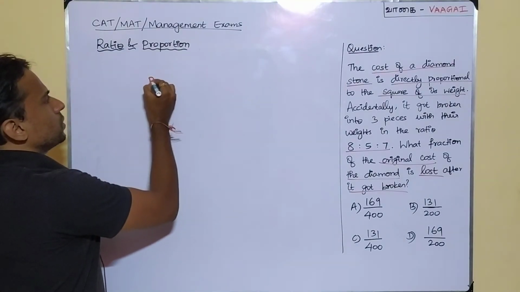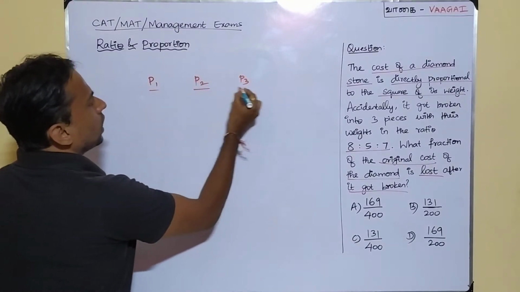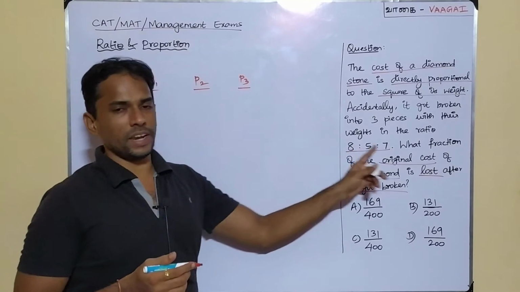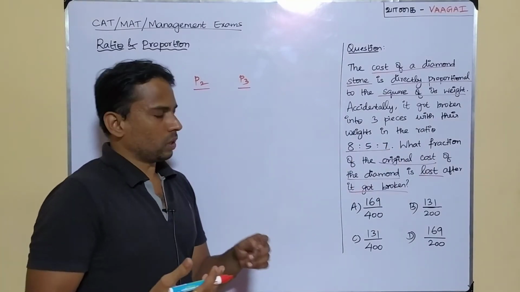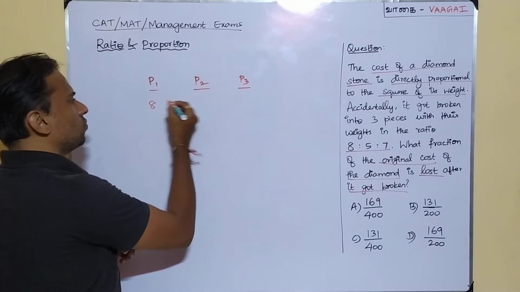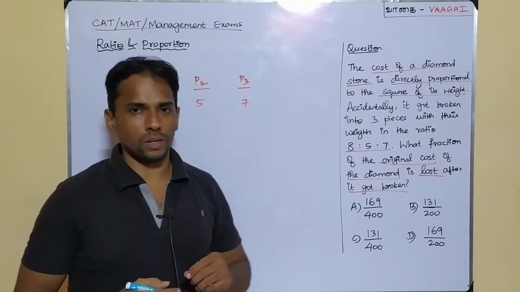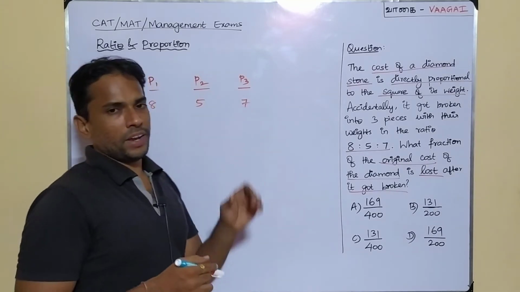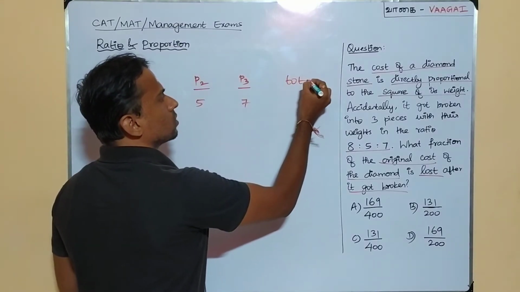So let me write piece 1, piece 2 and piece 3, and they have clearly given the ratio of the weights of the individual pieces after getting broken, which is 8:5:7. So this is the ratio of the weights. What would be the total parts?